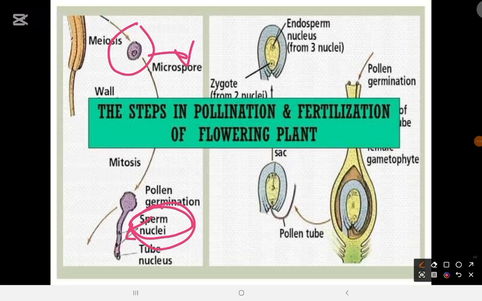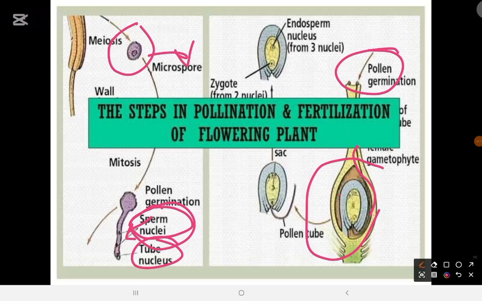And of course, the tube nucleus, which is the one that I said leads the pollen tube in germination. Then here too, it shows the pollen germination into the pollen tube, and this structure is the female gametophyte.